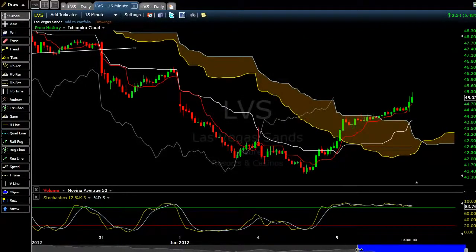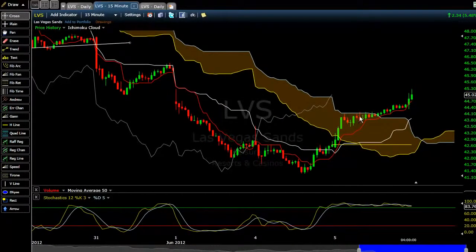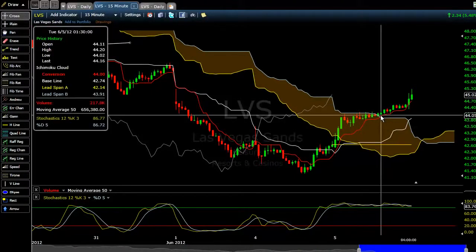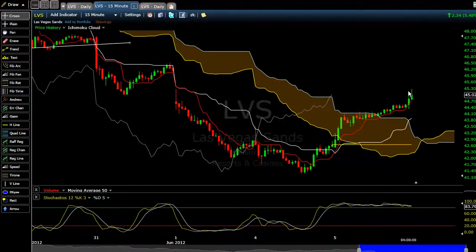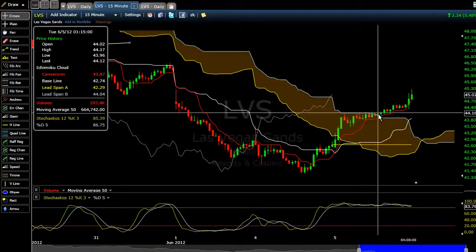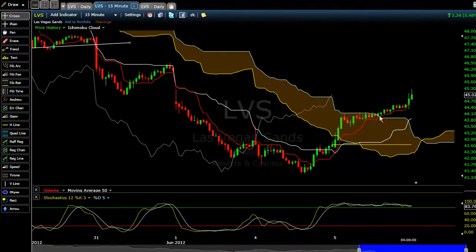Okay, we had this situation here where I kept saying that eventually price is going to break through the Kumo, and you can see that we rallied from $44.05 up to $45. So that was a dollar move once we had that Kumo breakout to the upside on a 15-minute.